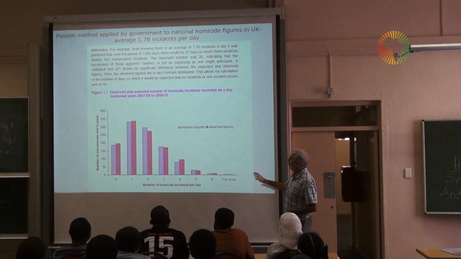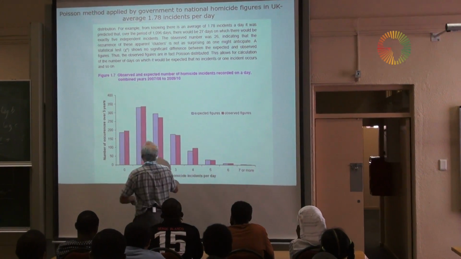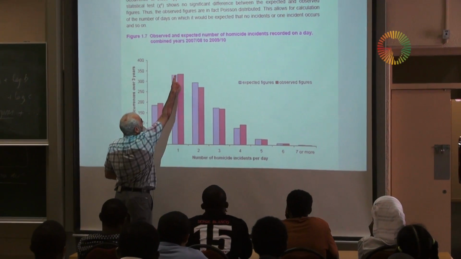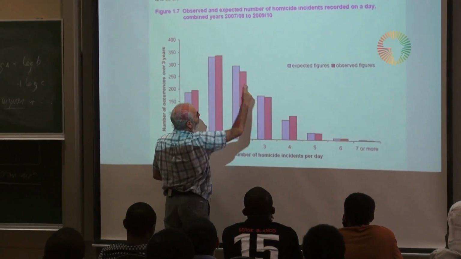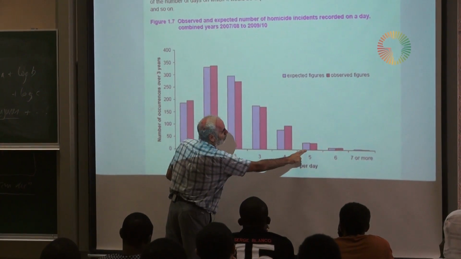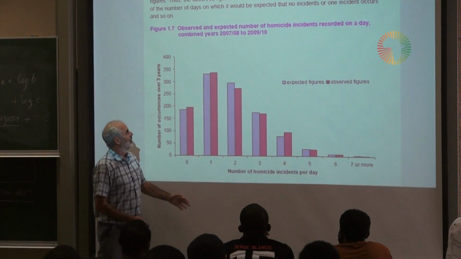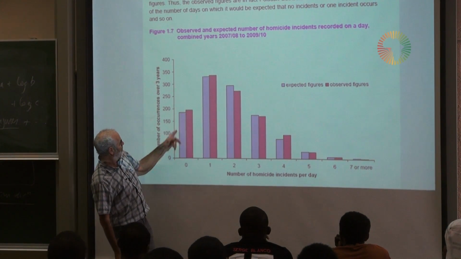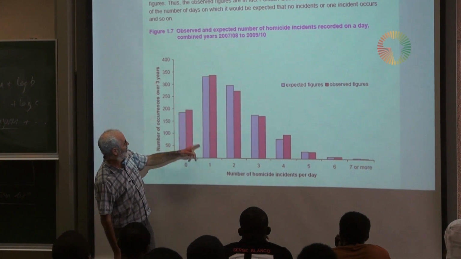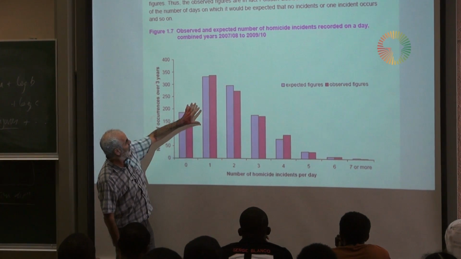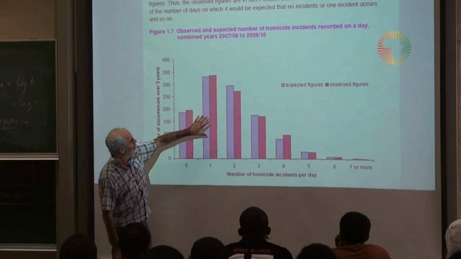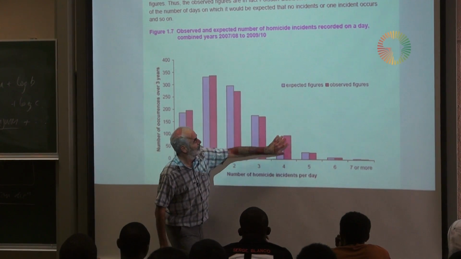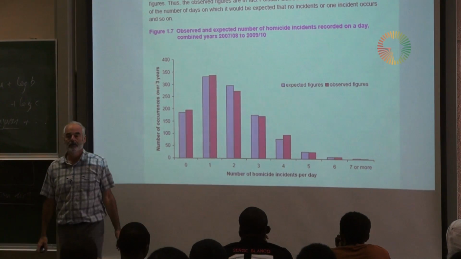And that means that over 3 years, this is a Poisson distribution. This blue one is a Poisson distribution with mean 1.78. So that's what we'd expect: how many days we'd expect there to be no murders, about 170, 300, etc. And the observed data, the purple, fits almost exactly.